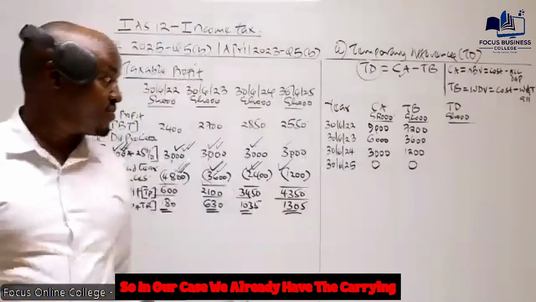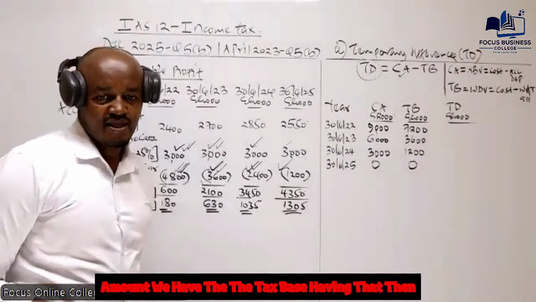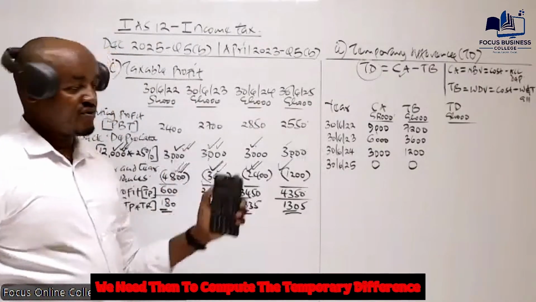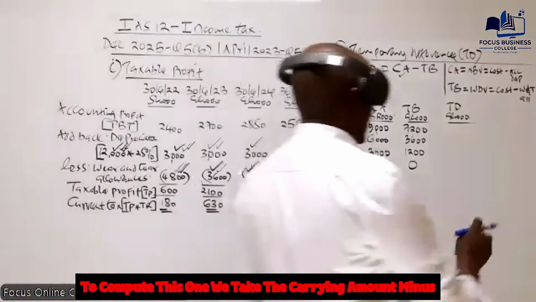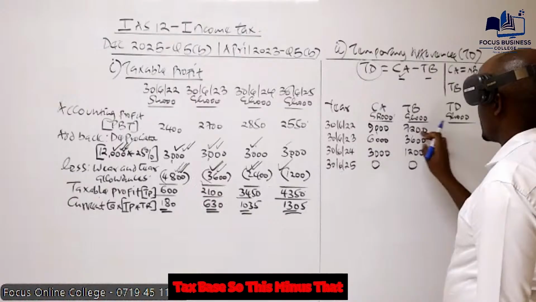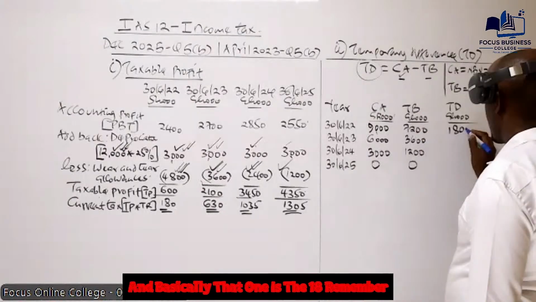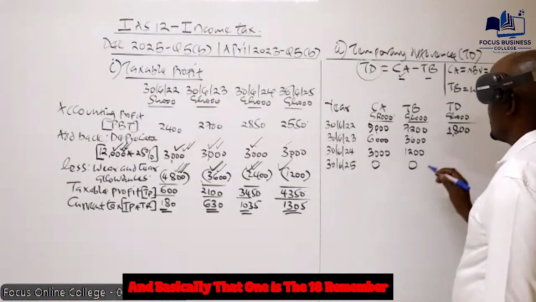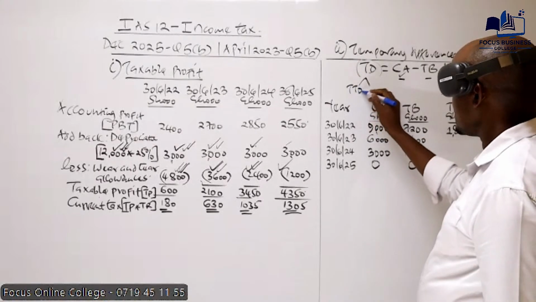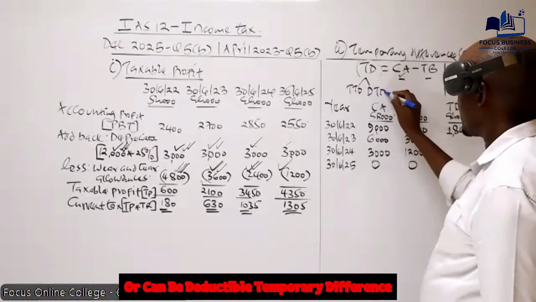So in our case, we already have the carrying amount and we have the tax base. Having that, we need then to compute the temporary difference. To compute this one, we take the carrying amount minus tax base. So this minus that, and basically that one is the 1,800. Remember, we said this temporary difference can be either a taxable or a deductible temporary difference.